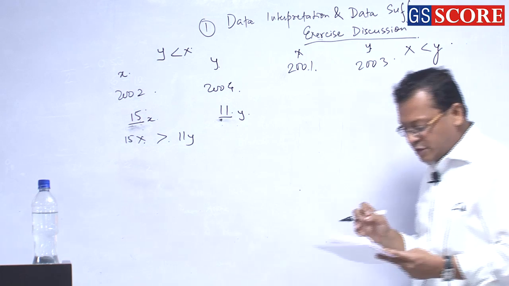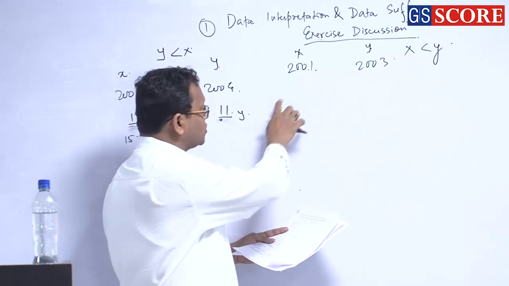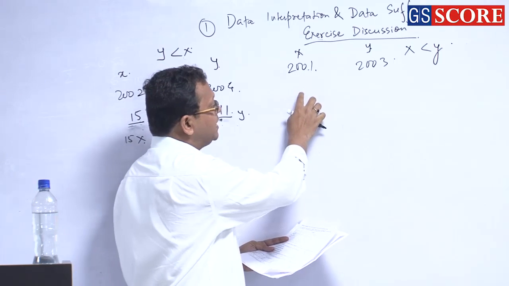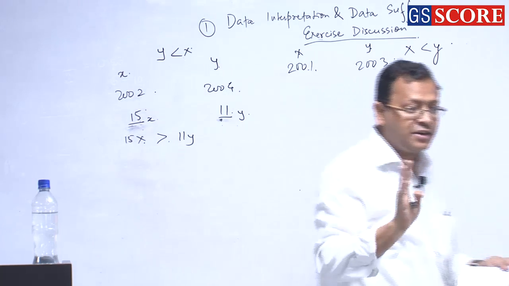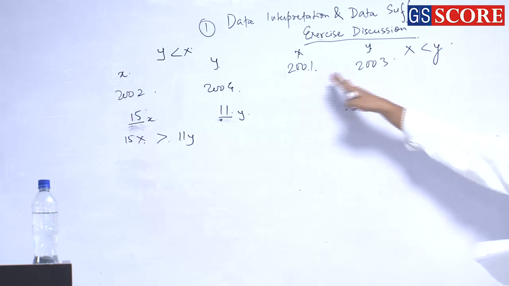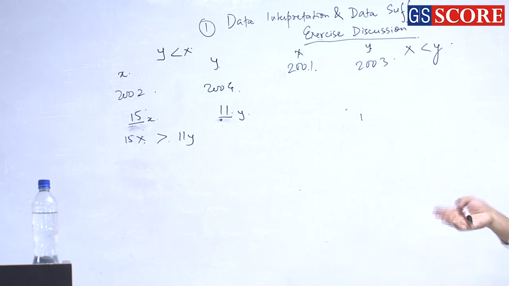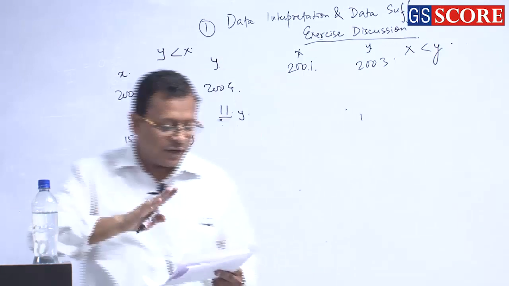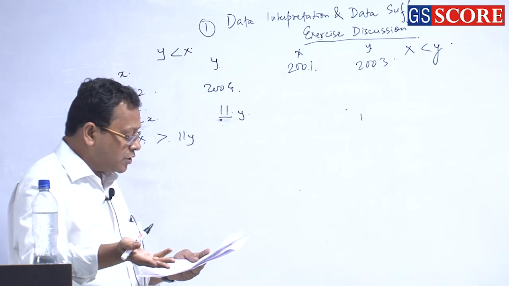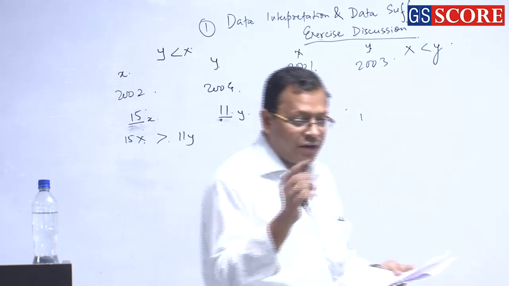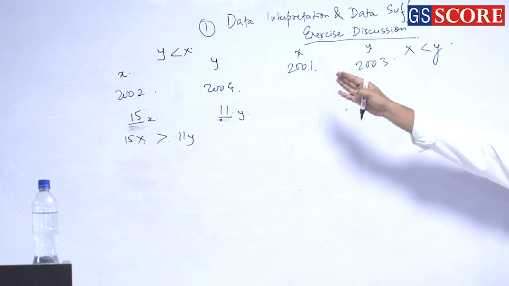So the number of continents in which sales increased from 2001 to 2003, we can say those continents whose percentages are increasing from this to this, the sales definitely increased. Even if the percentage would have been the same, then also the sales would have definitely increased. That's what I am saying. So even in a new data set, if you find that say South America 2001 4% and 2003 would have been 4% as well, then also the sales would have increased. Why? Because 4% on a higher base, 4% on a lower base, right?